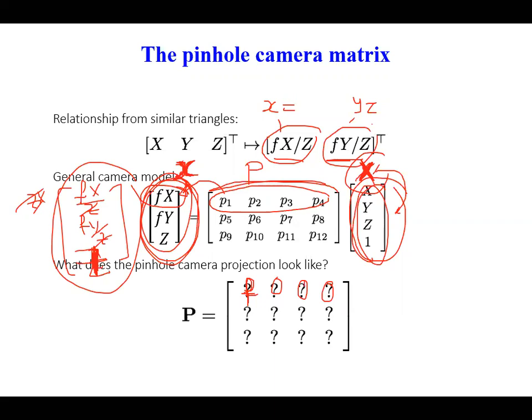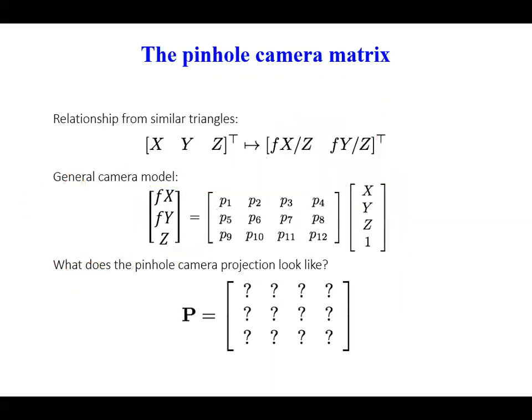Matrix multiplication, yes, I don't have to review matrix multiplication. Correct? How about the other one? In order to get this one, again, this is my point X, this is my P, and this is my point bold X. How can I get this? If I put 0 here, and then f, 0, 0, 0 multiplied by x plus f multiplied by y plus 0 and 0, I will get fy, which is this.